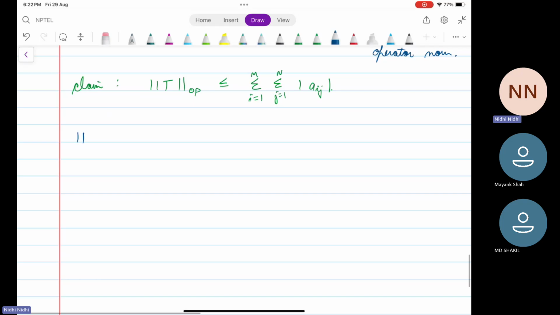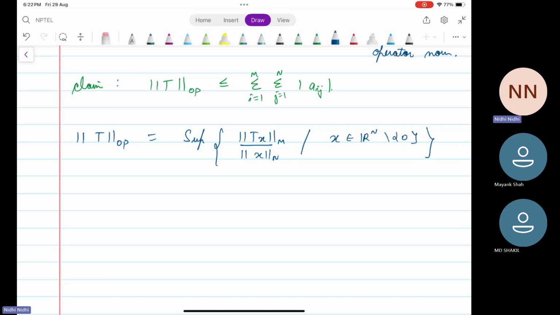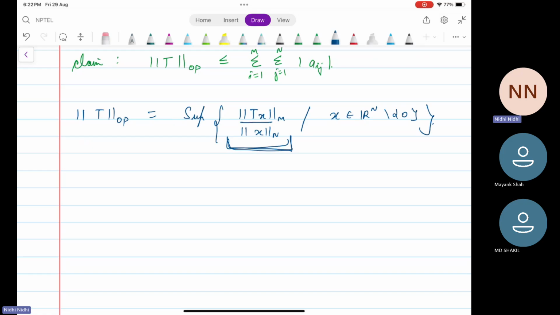So we know that by definition, the operator norm is equal to the supremum of norm Tx, where Tx is in Rm, and x is in Rn, for every x in Rn minus 0. Now we need to look for an upper bound of these terms. So again, as we were doing earlier, we'll see first how this Tx will look.